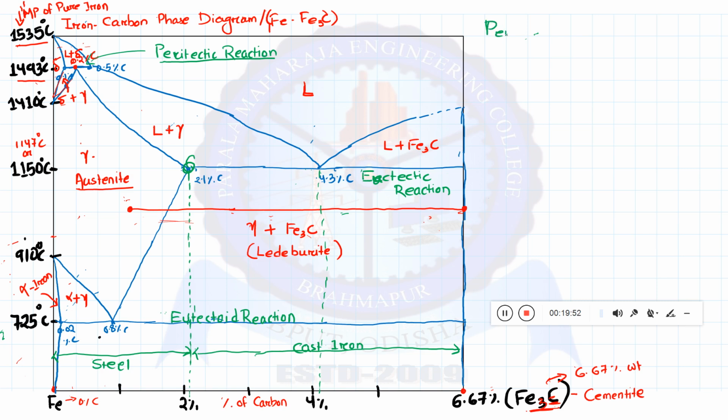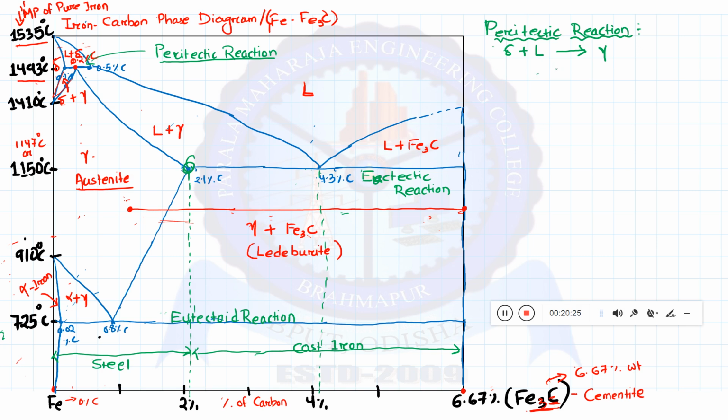Peritectic reaction. So, in the peritectic reaction, one solid phase plus one liquid phase upon cooling gives rise to another solid phase, that is gamma.